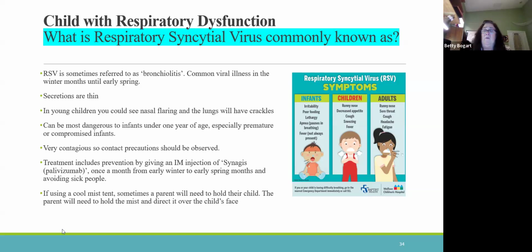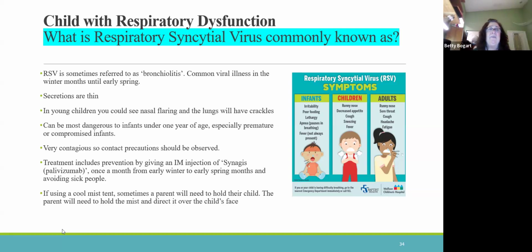And that's why if we're in the hospital and we're admitting a young infant with RSV, finding out about their immunization status and whatnot is very important because it is so contagious. Now, what do we do? What's the treatment? Well, the immunization is only the first year, and it's from early winter to early spring, once a month.